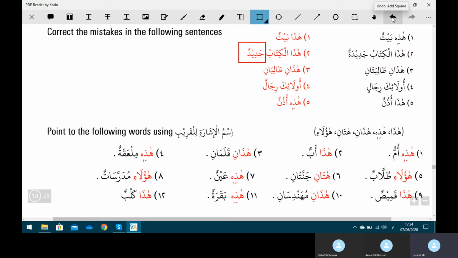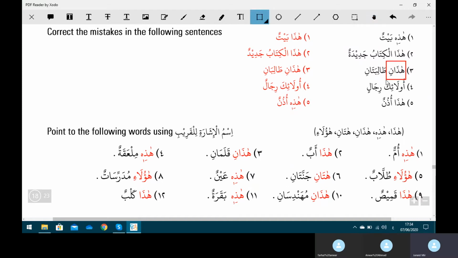That's fine. Number three, hadani talibatani. These are two female students. The mistake with that one is that talibatani remains two female students, but hadani is a demonstrative pronoun referring to two males.